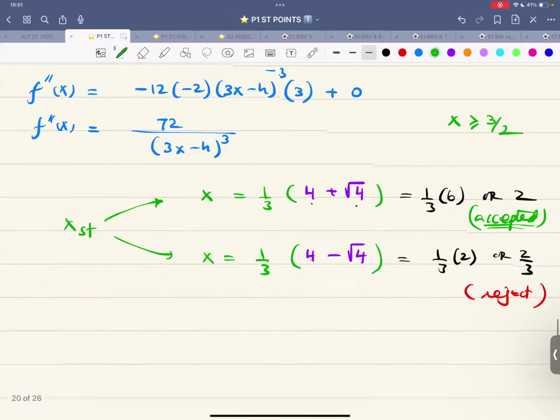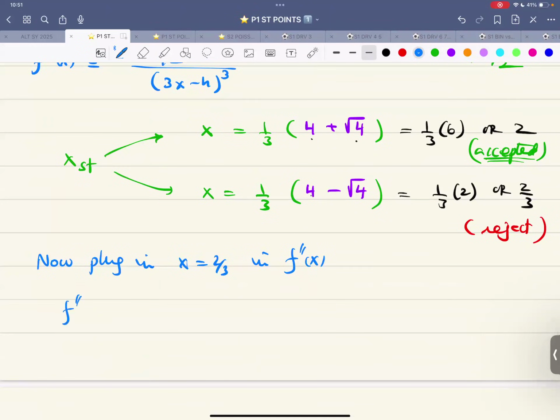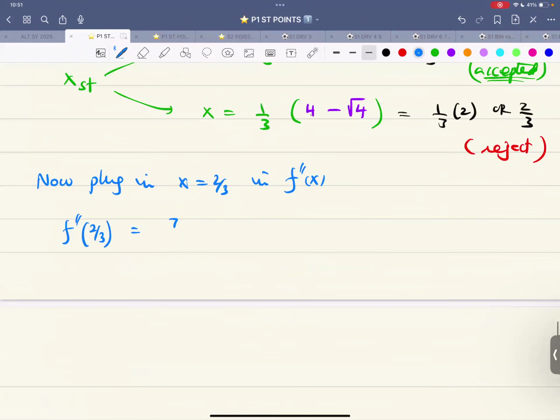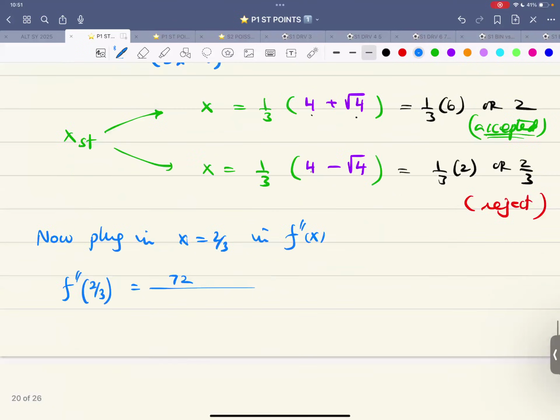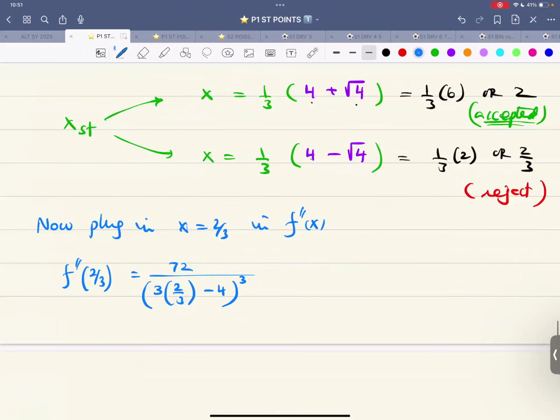Now plug in f double prime x. So now plug in x equals 2/3 in f double prime x. So f double prime of 2/3, that is 72 over (3x minus 4), 3 into 2/3 minus 4, the whole thing cubed.